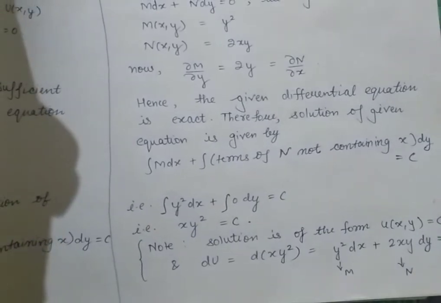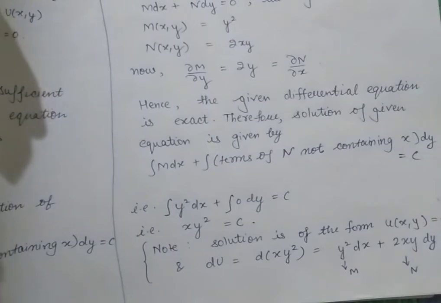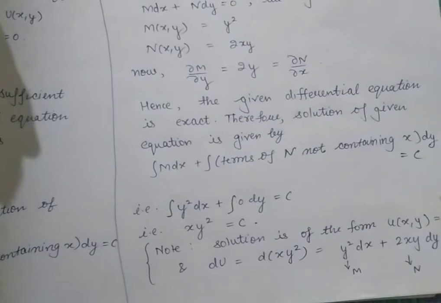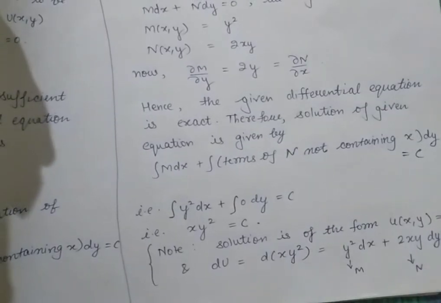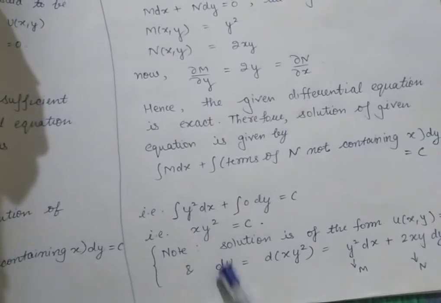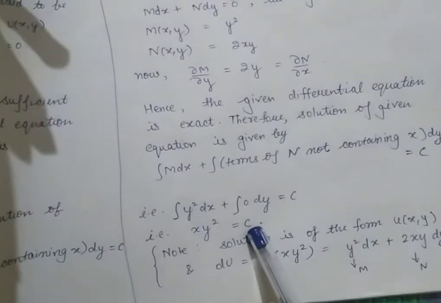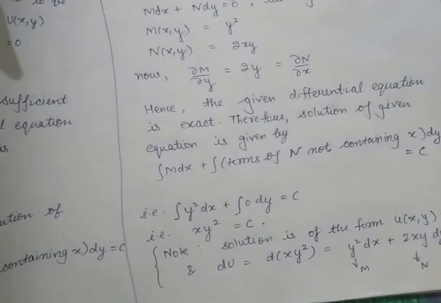Now what I said, if the equation is exact, then there exists a function u(x,y) such that du equal to M dx plus N dy equal to 0. So we have function u(x,y) equal to c. Now we see whether we have du equal to M dx plus N dy equal to 0 or not.